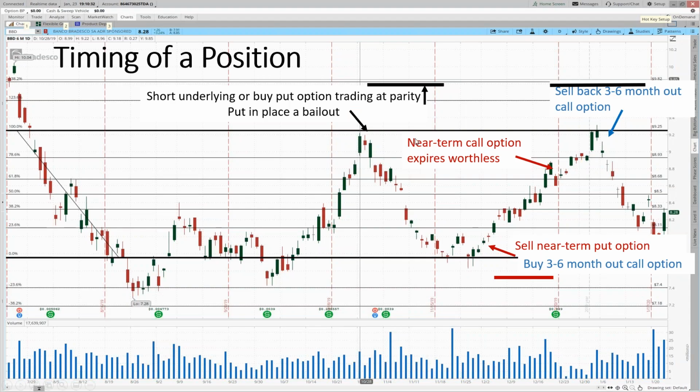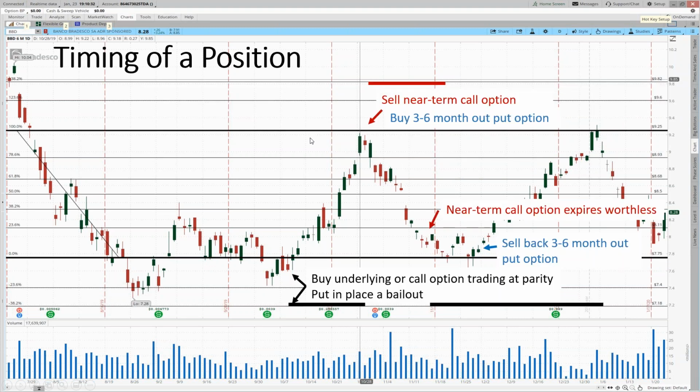When we buy our protective put, we're buying at a time of peace. Let's do the covered call, because a lot of people can wrap their head around that better. So we're buying the protective put at a top, right? Right after the top, it says right here, buy the 3 to 6 month out put option.